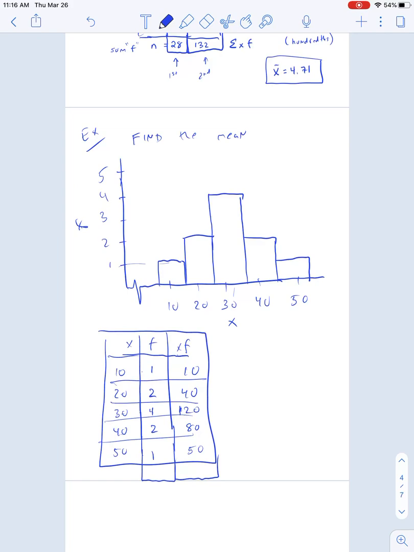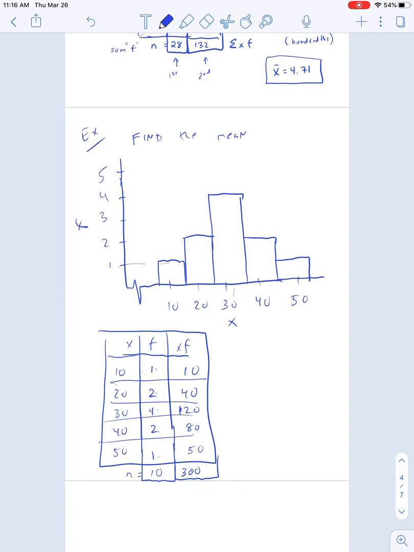And then we sum. We add these numbers. 1 plus 2 plus 4 plus 2 plus 1 gives us 10. Then we add these other numbers. 10 plus 40 plus 120 plus 80 plus 50.